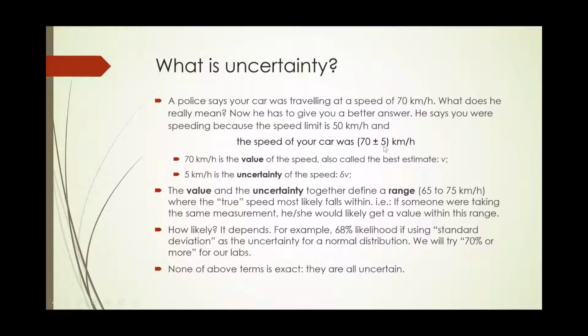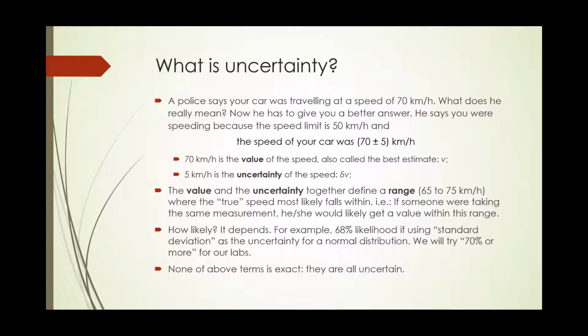This plus minus 5 describes how much the number can fluctuate, or it describes a range: 70 minus 5, 65 kilometers per hour, to 70 plus 5, 75 kilometers per hour. So it describes a range. This 5, half of the range, is the uncertainty of the speed.